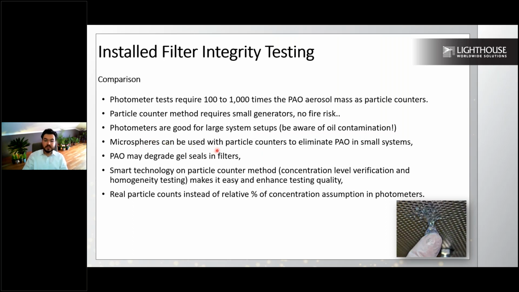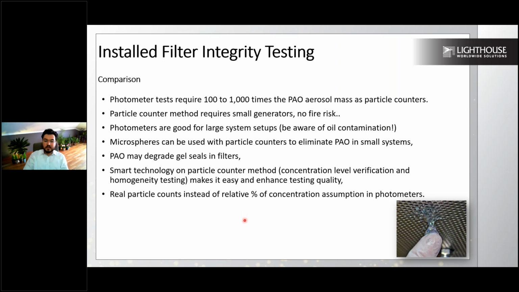Microspheres can be used with particle counters to eliminate polyalpha-olefin in small systems, like in electronics or PTFE media, which is a special technology that allows testing not with mineral oil particles, but only microspheres. And polyalpha-olefin may degrade gel seals in filters. What we saw in the field, and some of our customers also reported, is that using an excessive amount of polyalpha-olefin may degrade your gel seals and start a buildup of leakage around the filters.